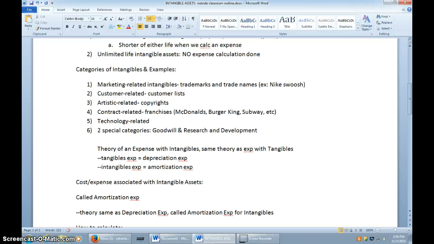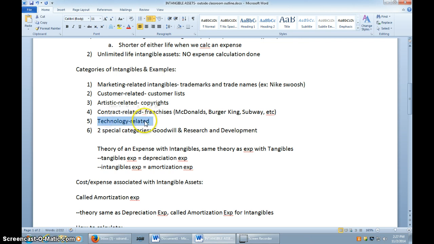People buy franchises because they have a much higher success rate than just starting a business on your own, because these franchises have been tried and tested, and they know what works, they know what doesn't work, and you sign a franchise agreement and you pay them a fee to be able to use their name, etc.